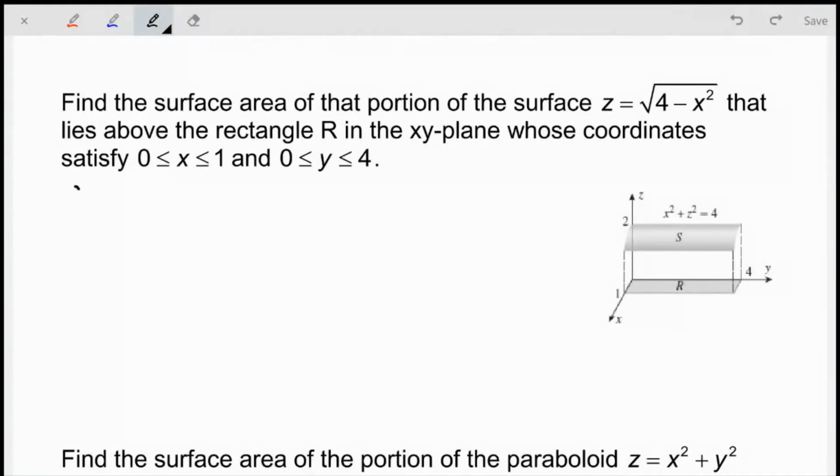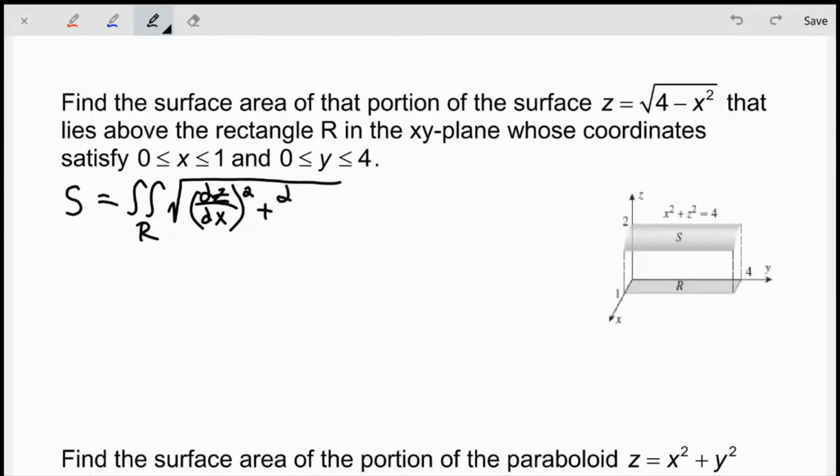Well, the nice thing here is del z del y is going to be 0, but let's just do our general setup here. Our surface area is going to be the double integral over our region, and that would be then the square root of del z del x squared plus del z del y squared plus 1.